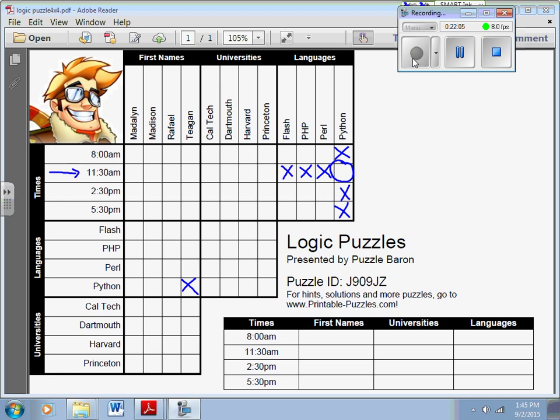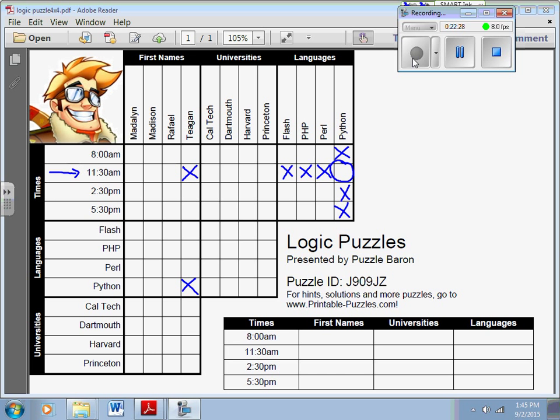And we also know that the Python programmer arrived earlier than Tegan. So if the Python programmer arrived at 11:30, can Tegan arrive at 11:30? No. Could Tegan have arrived at 2:30? Yeah. All right, how about 5:30? Yeah. Could he have arrived at 8?